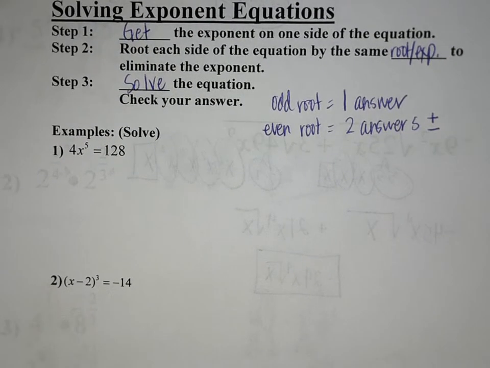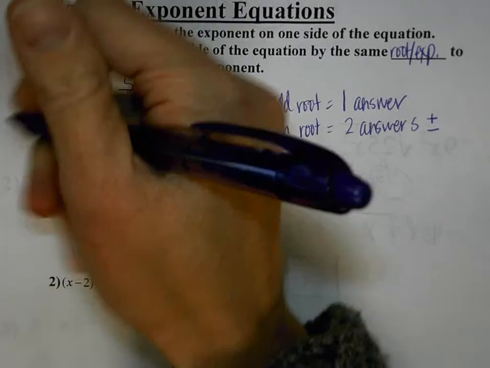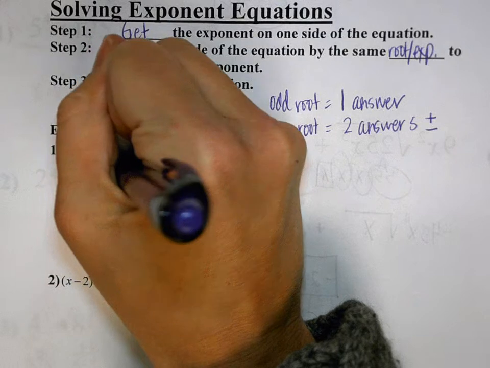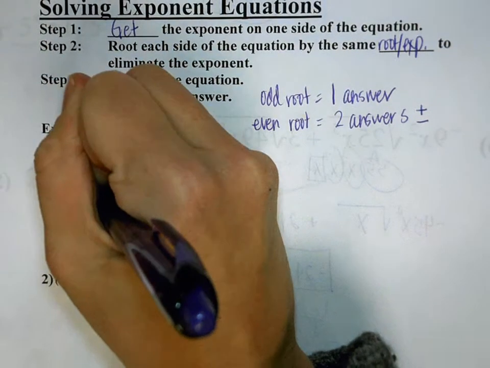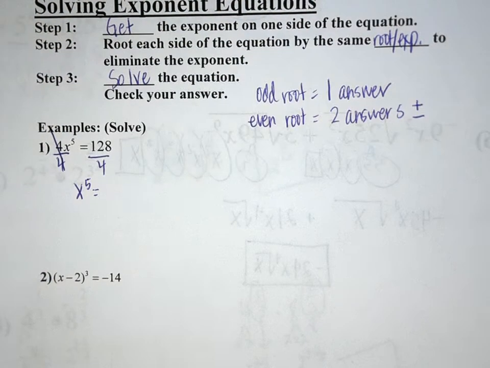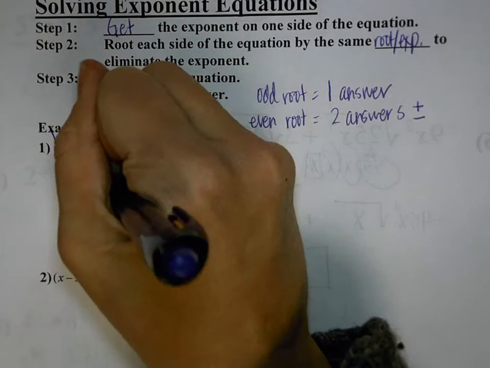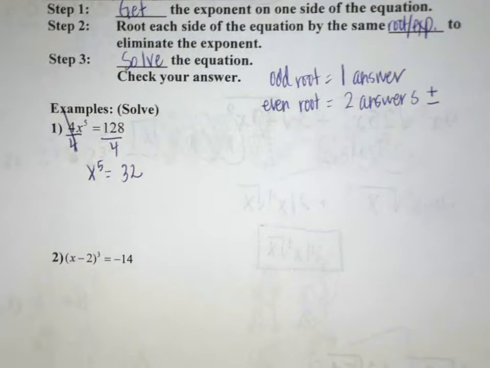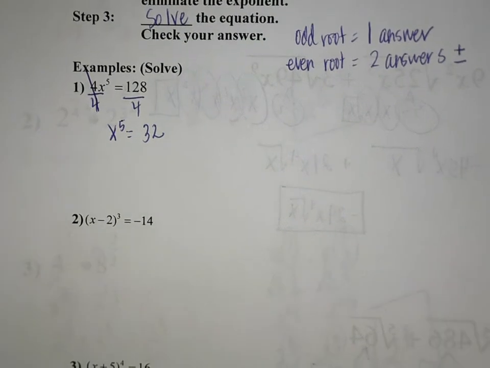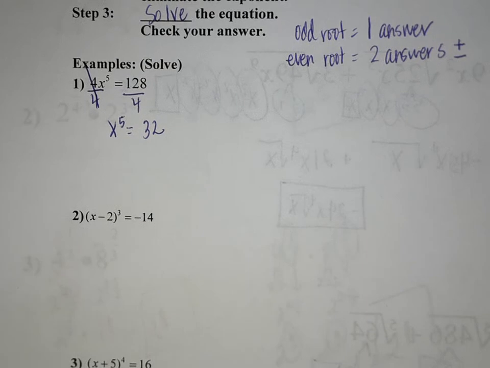So, on example 1, is the exponent by itself? So what are we going to do? Very good. Divide by 4. So now I have x to the 5th equals, and 128 divided by 4 is? Very good. Okay, is my exponent by itself now? Good. So what root am I going to take? 5.